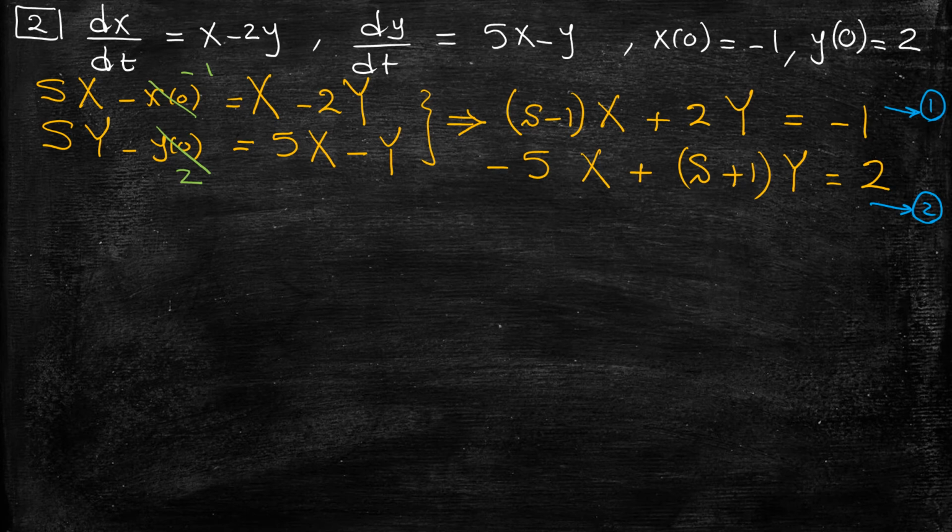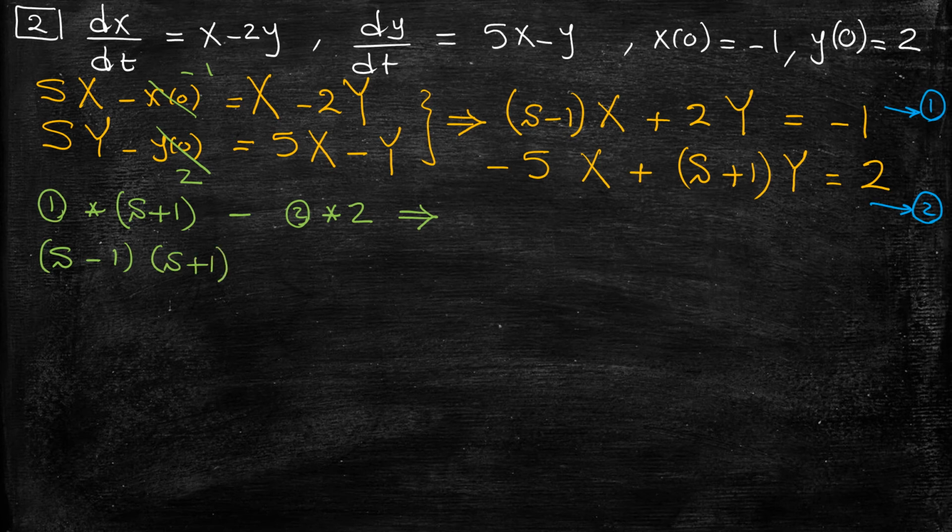So I will multiply the first equation by s plus 1. And the second equation, I will multiply it by 2 and subtract both equations together. So the coefficient of X will be s minus 1 multiplied by s plus 1, minus the second equation multiplied by 2, so it will be plus 10.